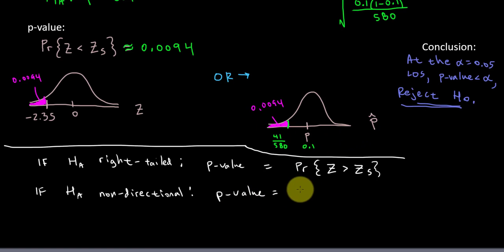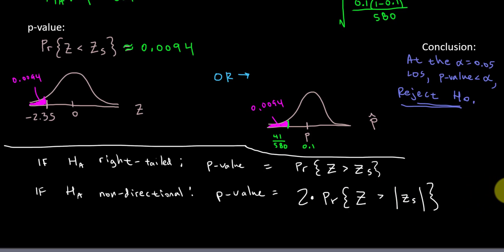You gotta be kind of careful the way this is denoted: 2 times the probability that z is greater than the absolute value of your test statistic. If you draw the image, I think it makes great sense, but in order to make sure that your p-value does not exceed 1, you don't want to double a probability that's greater than 0.5, and this prevents that.